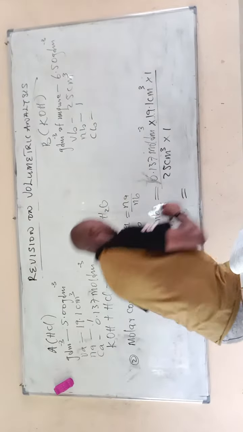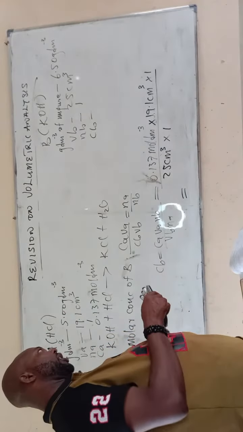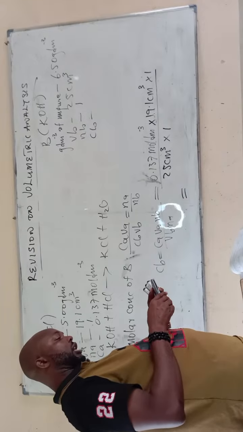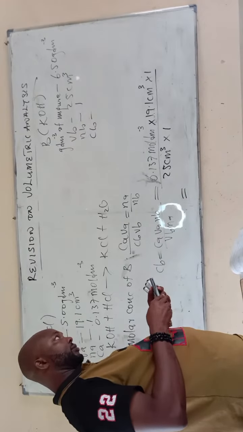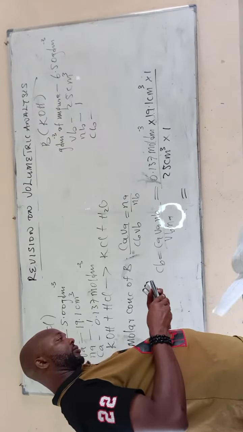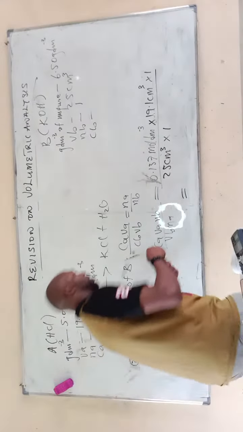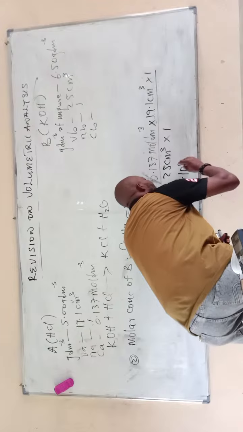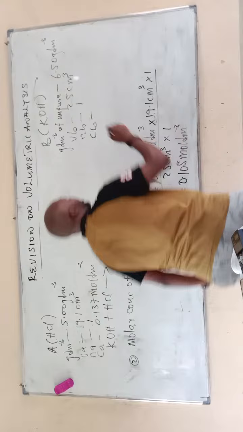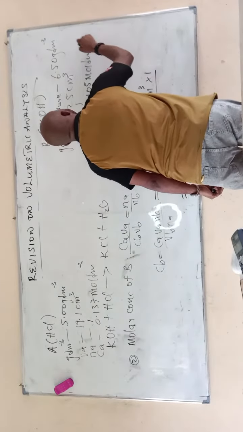So this equals 0.137 times 19.1 divided by 25, which is 0.105. We have 0.105 mole per dm³.